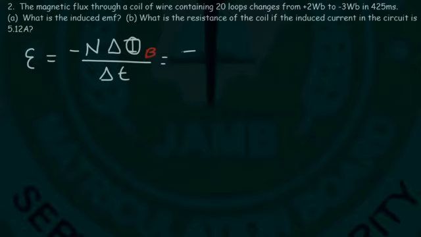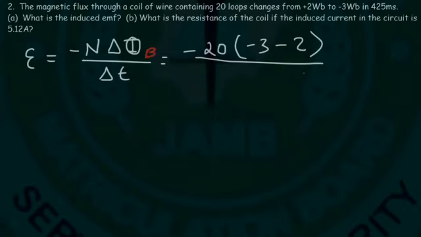So in this problem, we have 20 loops of wire. The flux changes from 2 to -3. The final flux is -3. The initial flux is +2. So it's -3 minus +2.